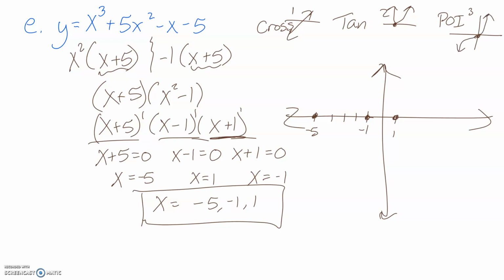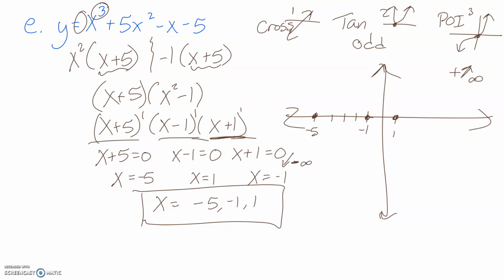Now, remember, because the leading coefficient is positive, the right side is going to go to positive infinity as our end behavior. Because the degree is odd, I know that the end behaviors are not going to be the same. So it's actually going to start off in the negative direction over here, from -infinity to +infinity.